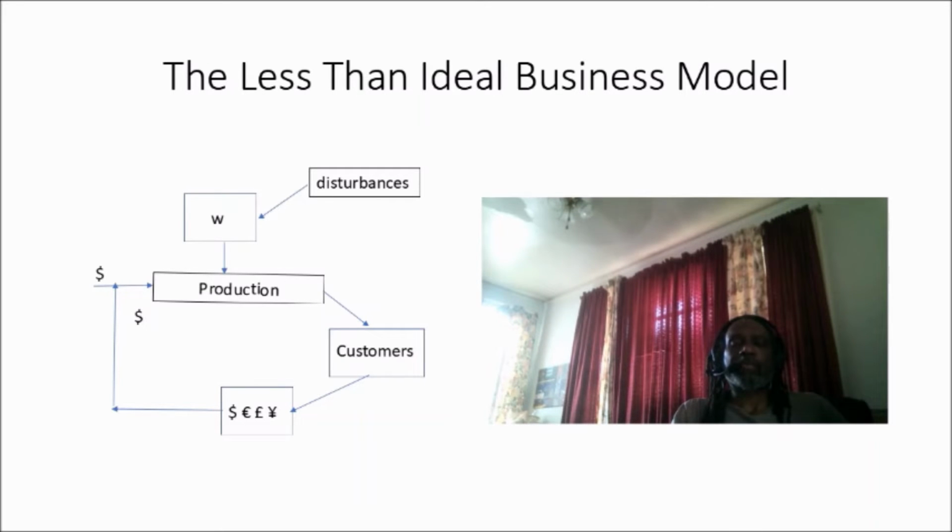That box represents the way that disturbances can enter inside of my business operation and disrupt it, cause it to go wrong, hurt the products, make the customers unhappy, and reduce the amount of money that is fed back into the business through the money machine down here.